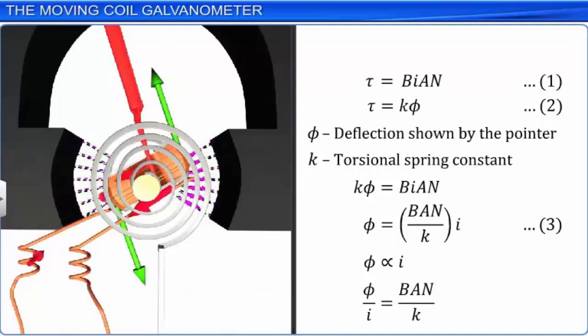The current sensitivity of the galvanometer can be increased by increasing the number of turns in the coil. It can also be increased by increasing the area of the coil or by increasing the strength of the magnetic field.